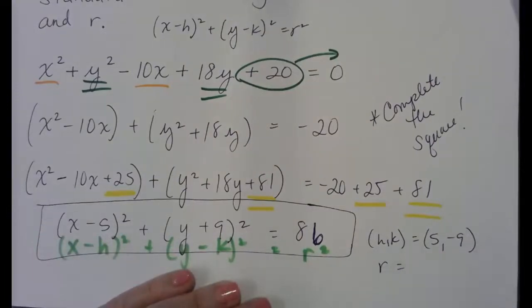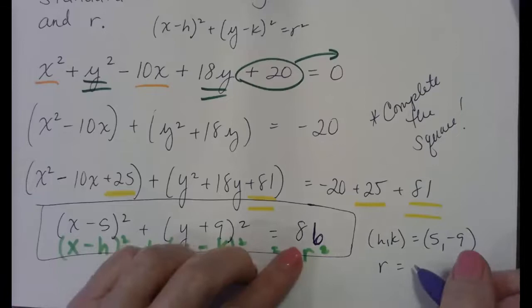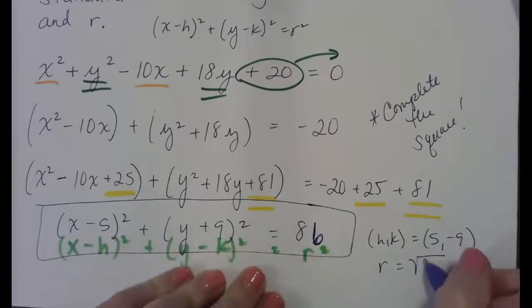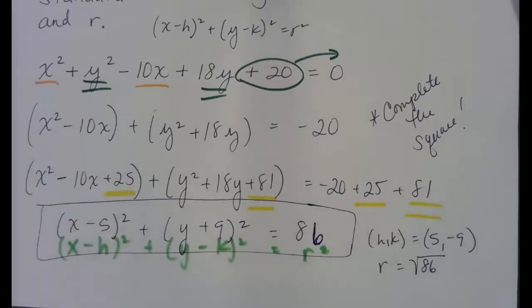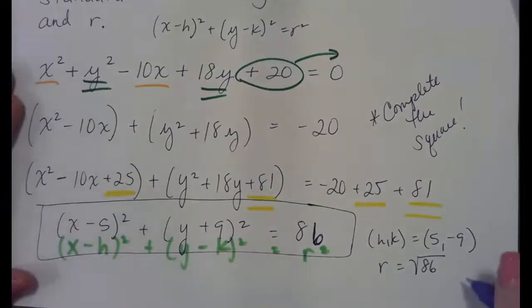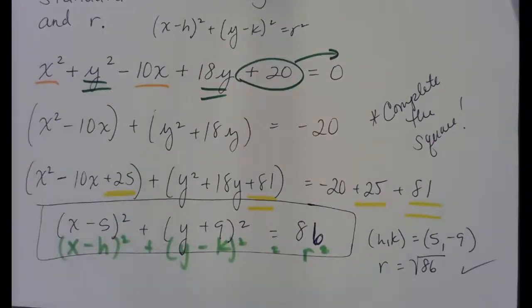And our r, which is our radius, is not 86, but the square root of 86. And the square root of 86 cannot be simplified because its only factors are 2 and 43, both of which are prime numbers. So there you go. We are done.